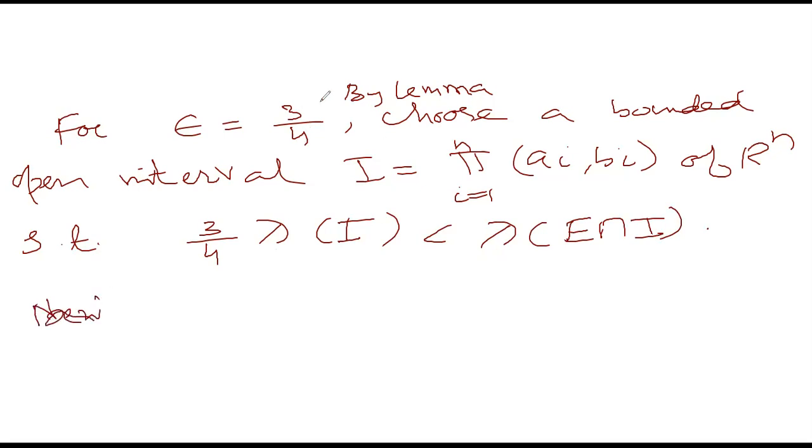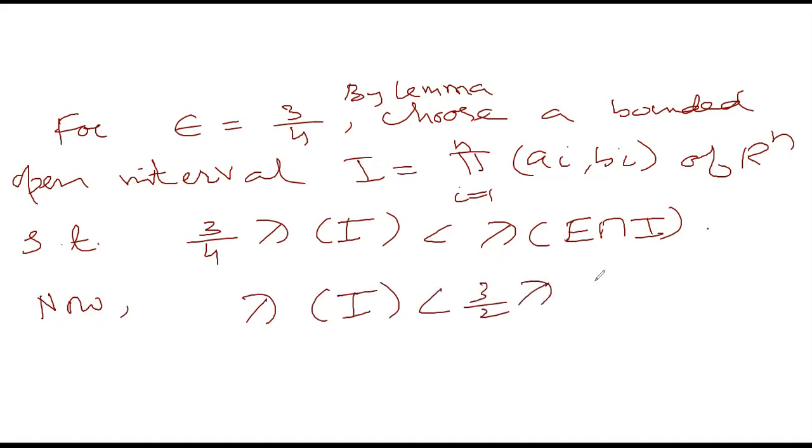Now, the Lebesgue measure of I is obviously less than 3/2 times the Lebesgue measure of I, which is equal to the Lebesgue measure of 3/2 times I, because 3/2 is greater than 1.